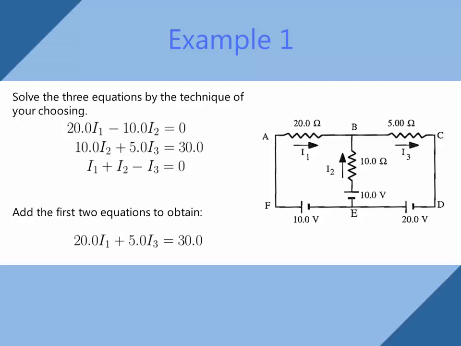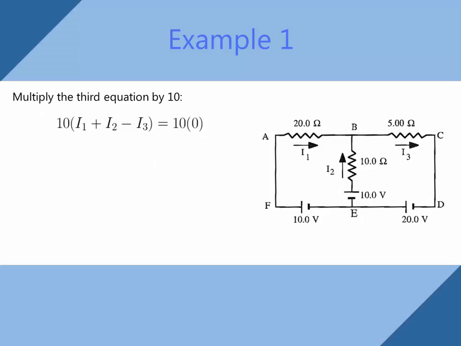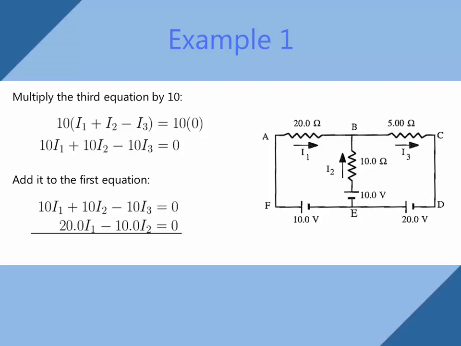First, we can add the first two equations to obtain the following: 20I1 plus 5I3 equals 30. We multiply the third equation by 10, then we can add it to the first equation to cancel out the I2.